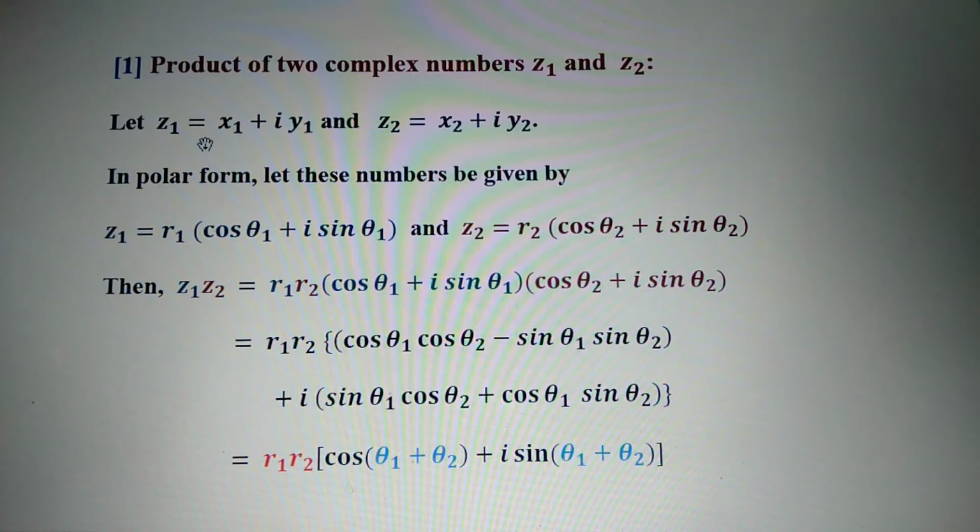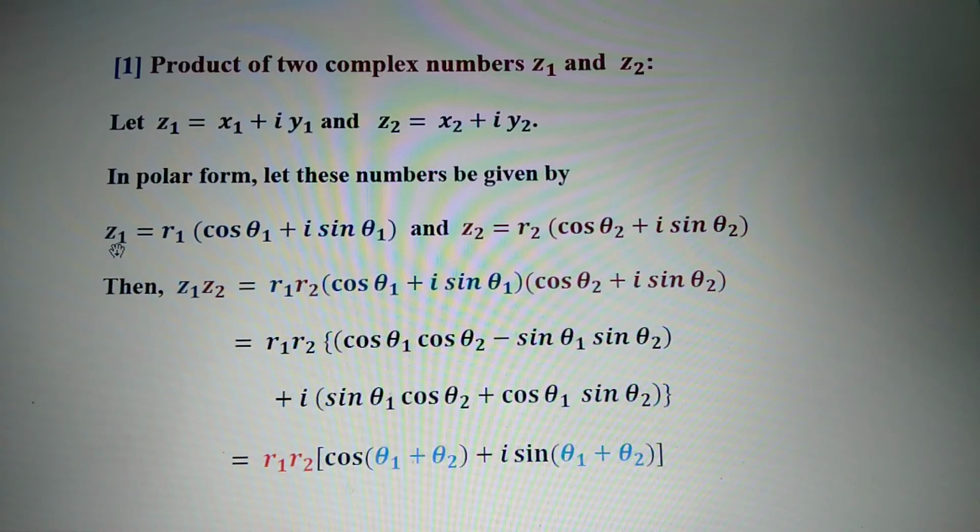So then this z1 can be written as, we know, the complex number z is written as r into cos theta plus i sin theta. But for this complex number, the value of r is r1 and the value of theta is theta 1. So then this z1 can be written as r1 into cos theta 1 plus i sin theta 1. And similarly this z2, that is r2 into cos theta 2 plus i sin theta 2.